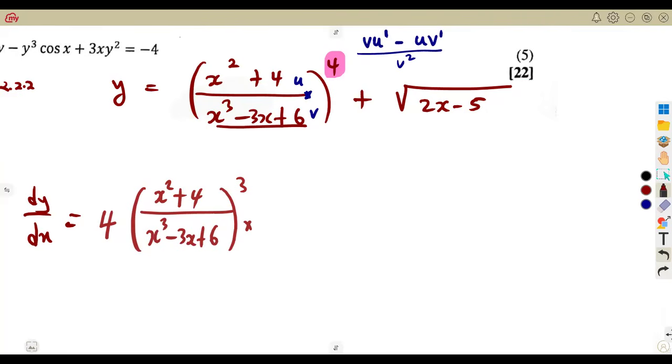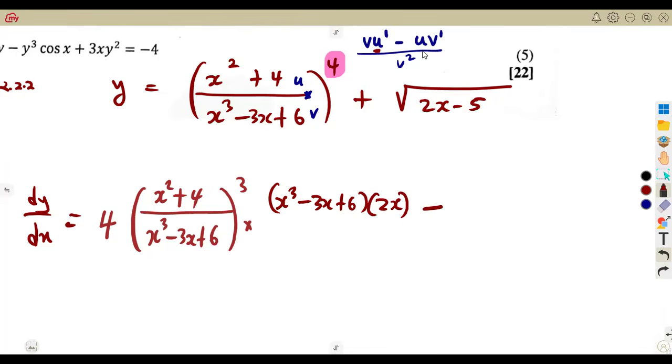This is our v, so this is going to be x cubed minus 3x plus 6 as it is. Then the first derivative of u, which is our numerator here. So the derivative there is going to be 2x. The derivative of 4, that's a 0 there. So it's going to be just a 2x.